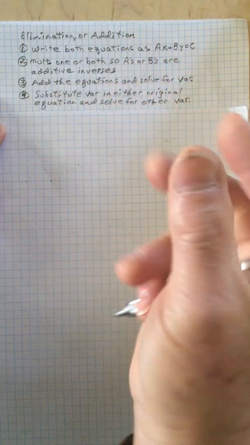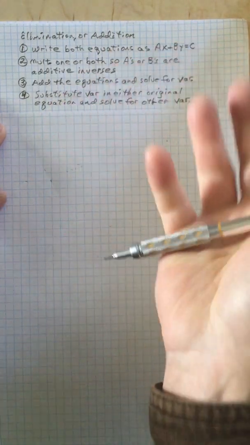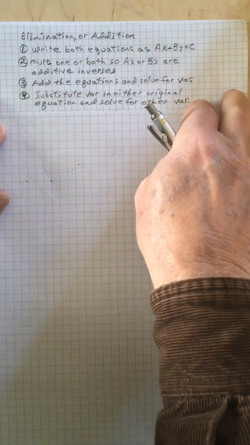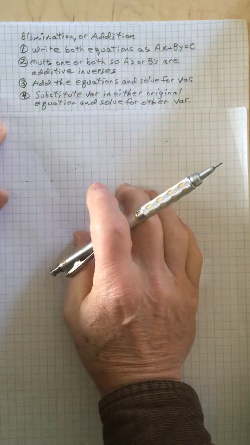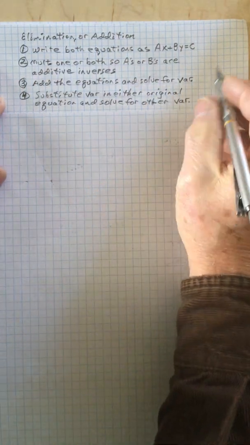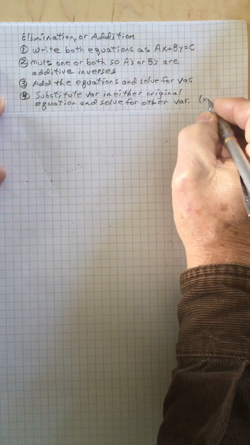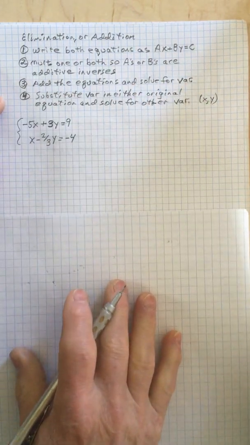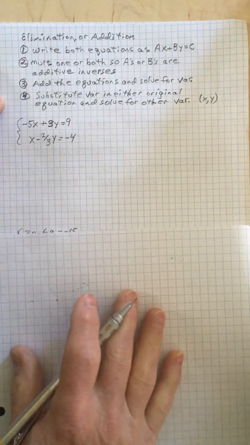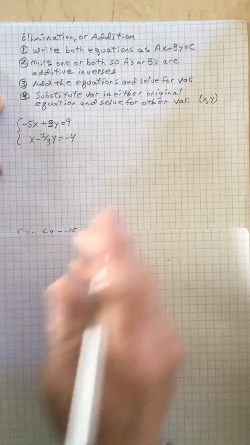That means you'll have an equation with one variable, solve it, take that number, substitute it into either one of the originals, and solve for the other variable. And again, report your answer like this. Okay, so let's try it.